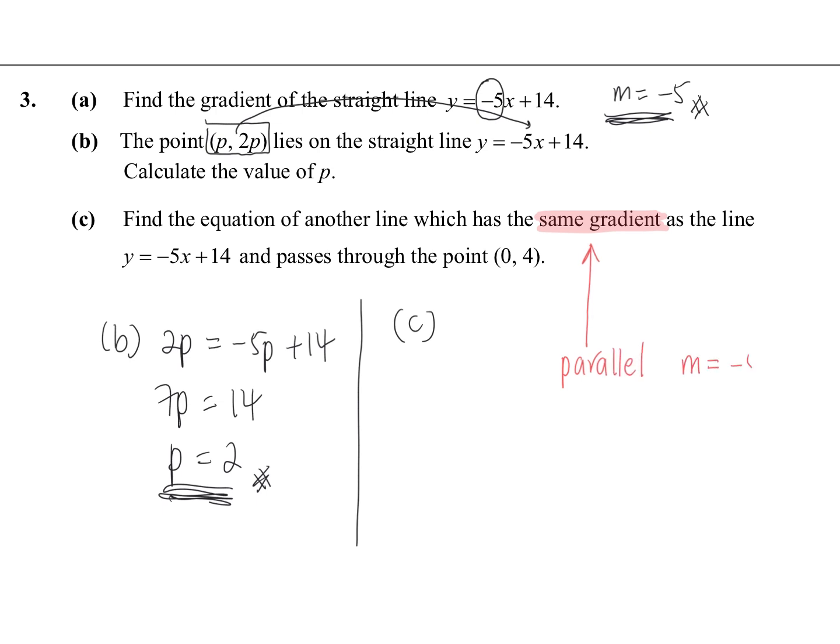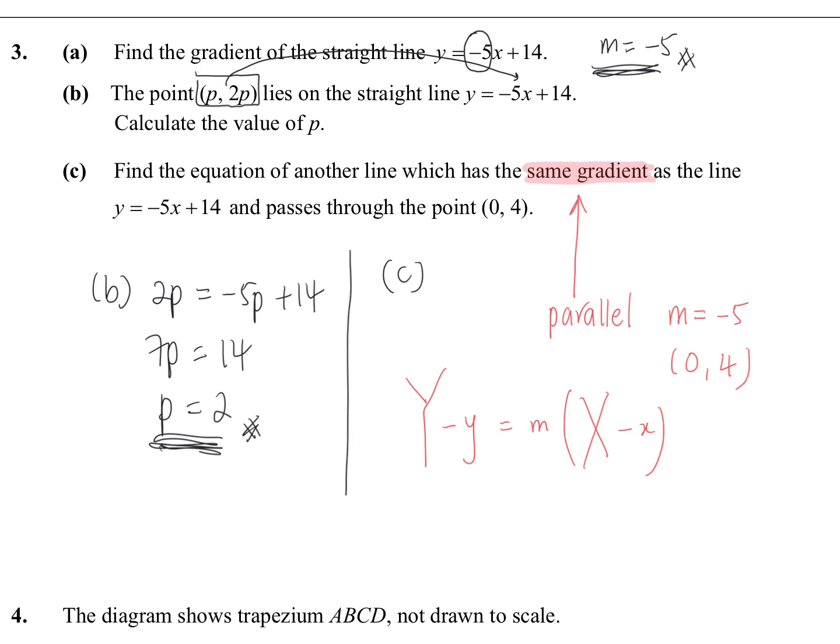I have another parallel line with gradient as -5 and it passes through (0, 4). So just now that formula, right? Big Y minus small y over big X minus small x is the gradient. Put in all the values you want. So gradient is -5, the X is 0, and the Y is 4. So you will be able to get your equation straight away.